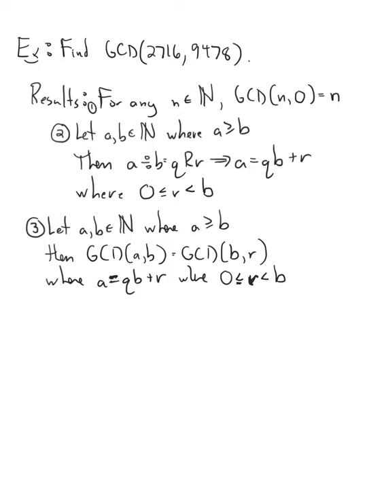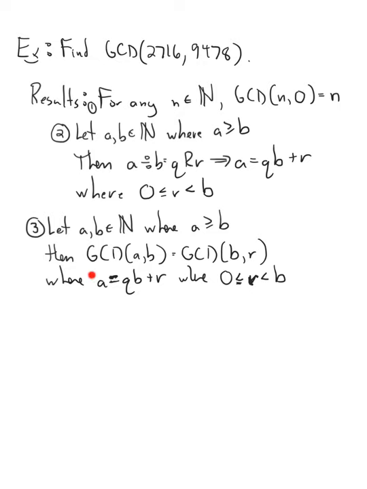So if we use this result as much as possible, then eventually we'll get to the situation where we're taking the greatest common divisor of some number and 0. And we don't even need to do any calculation with that. The answer will just be that number. And that's basically the Euclidean algorithm.